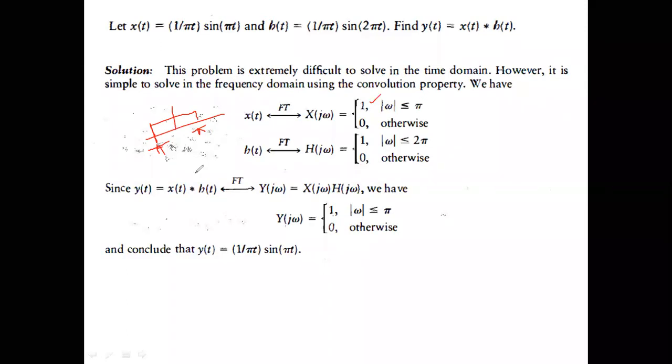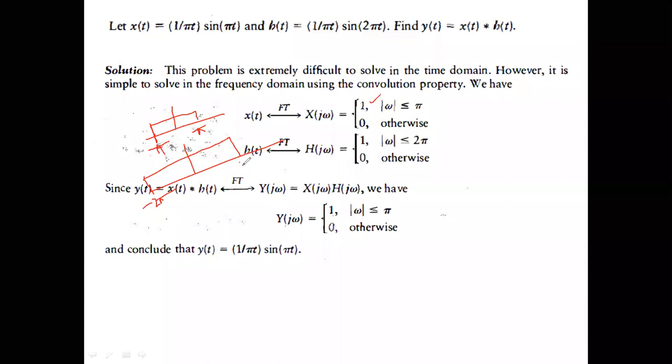In the second case, we had 2 pi, so this is minus 2 pi to plus 2 pi. Remember, this is the continuous time Fourier transform. This can go from minus infinity to infinity and is not restricted to minus pi to pi.